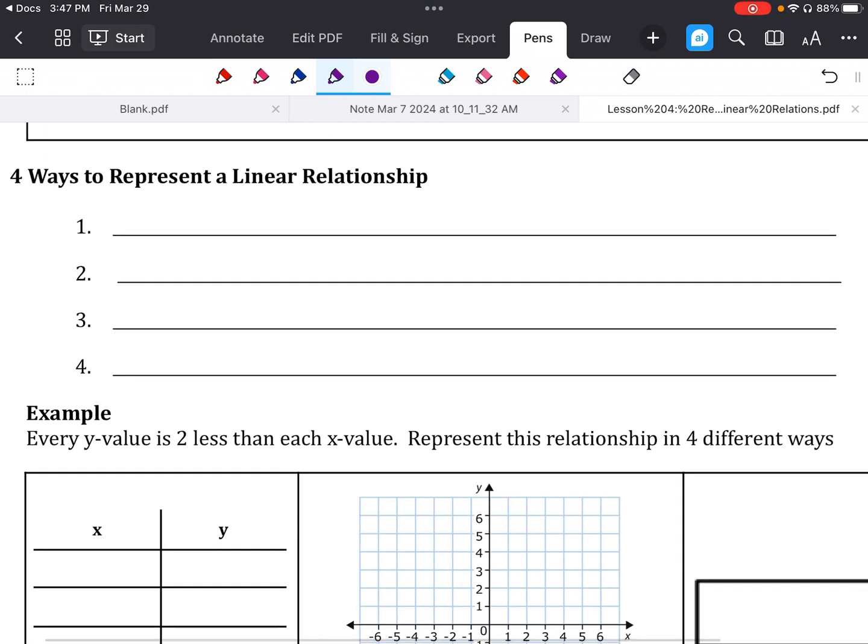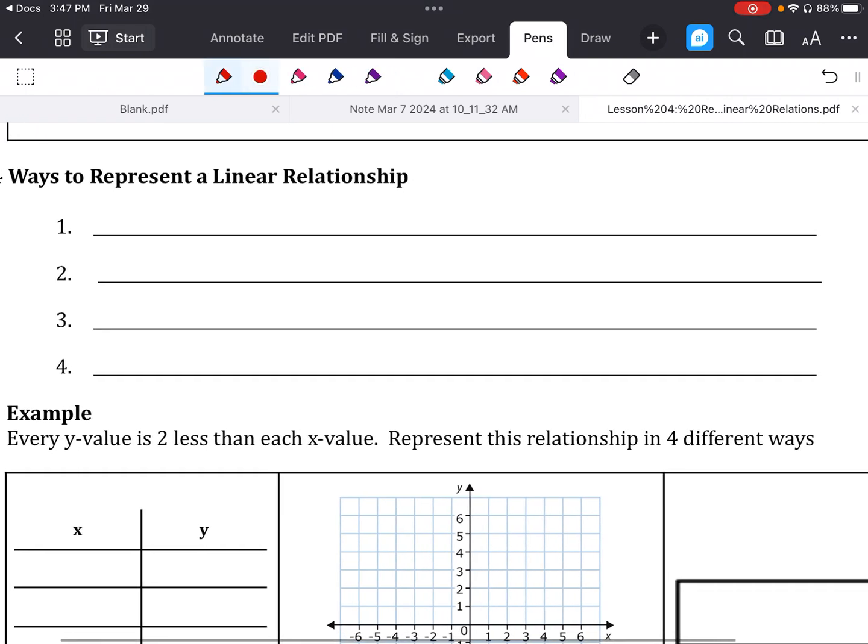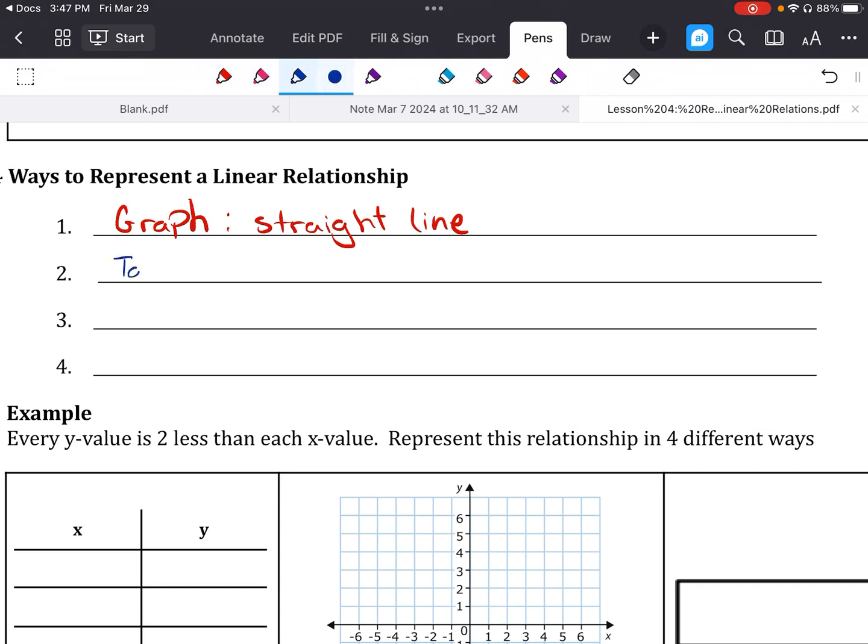Okay, 4 ways to represent a linear relationship. We can do this on a graph, and on a graph, we will have a straight line. We can do it in a table of values, and in the table of values, we will have identical first differences.